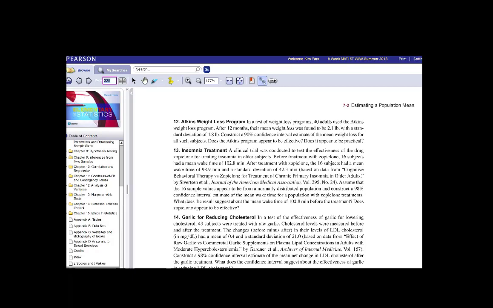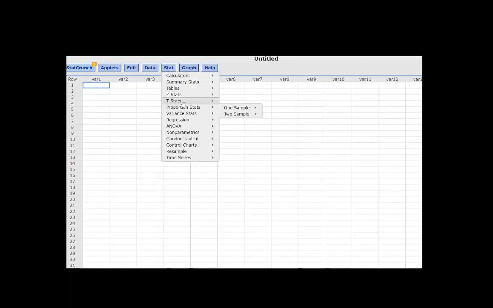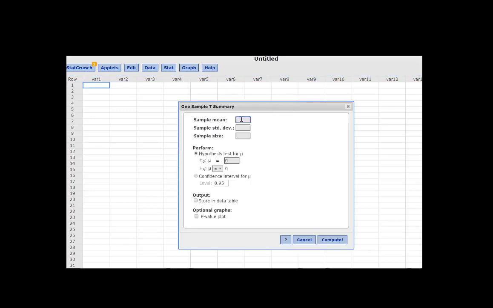So let's go back to StatCrunch. I'm going to go to Stat, T Statistics, one sample, again with the summary. And from the book, we find that our mean weight loss was 2.1.